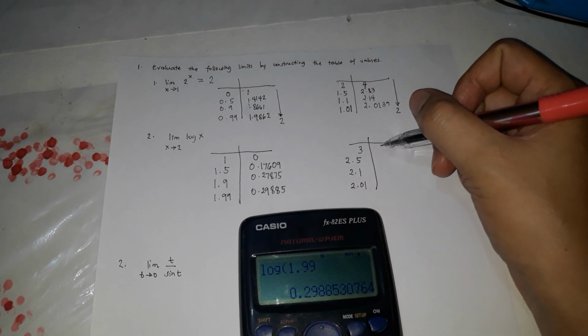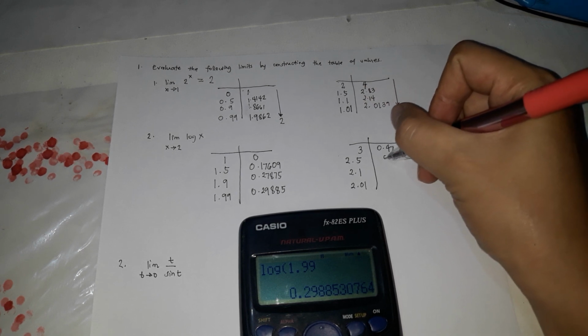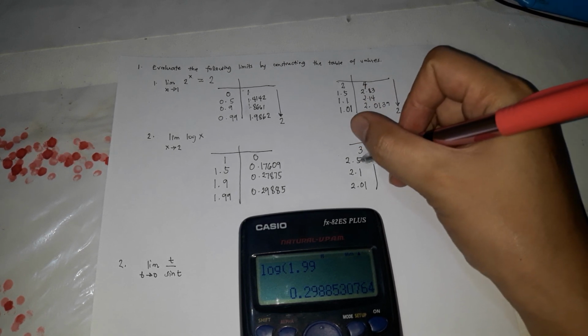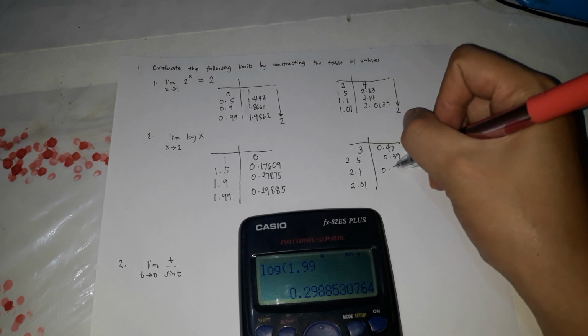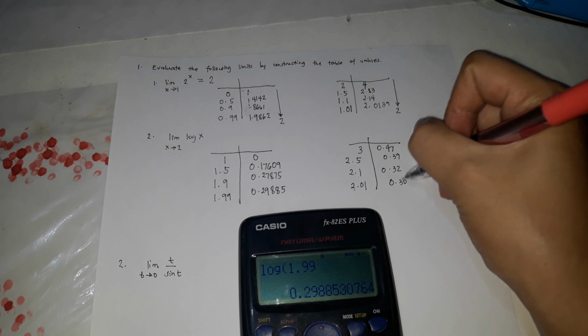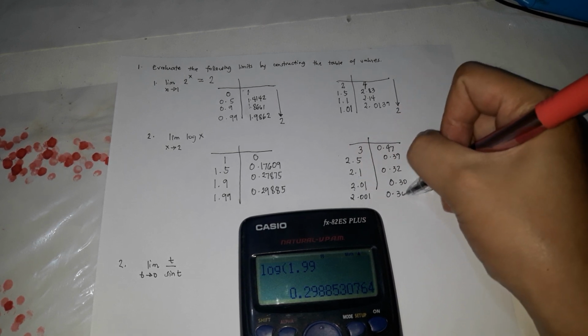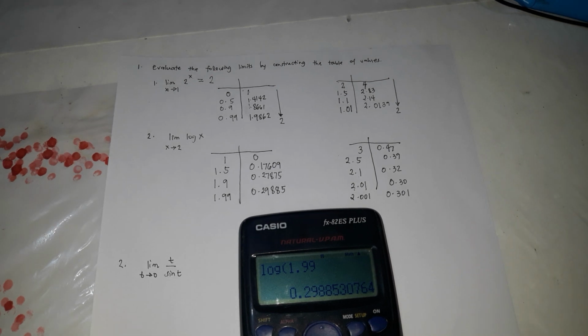Let's try this side. I solved it already. So that's 0.47, 0.39 for 2.5, for 2.1 that's 0.32, 2.01 that's 0.30, and for 2.001 that's 0.31. So as you can see in this one, we could not have a whole number.